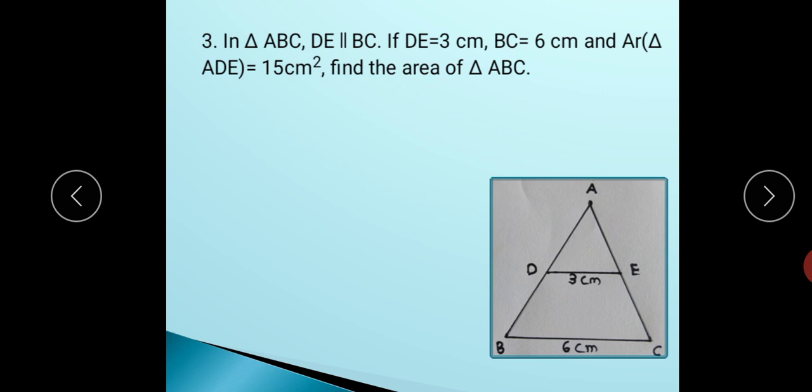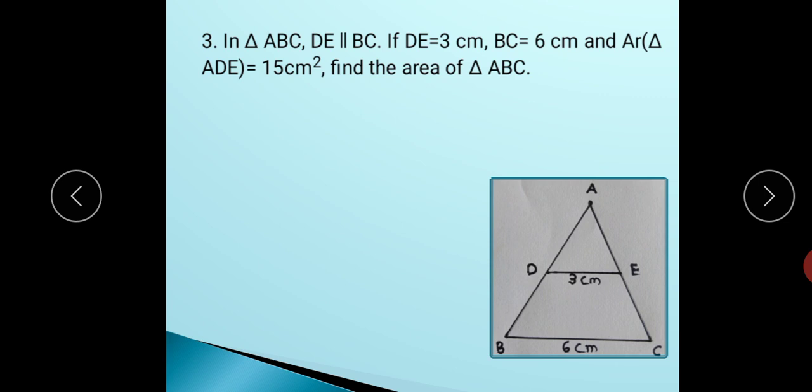This is actually a 3-mark question in the model paper sent by the board. So how to do this? This is slightly a rider-cum-numerical example, because we cannot use the areas of similar triangles theorem unless we prove the two triangles similar.